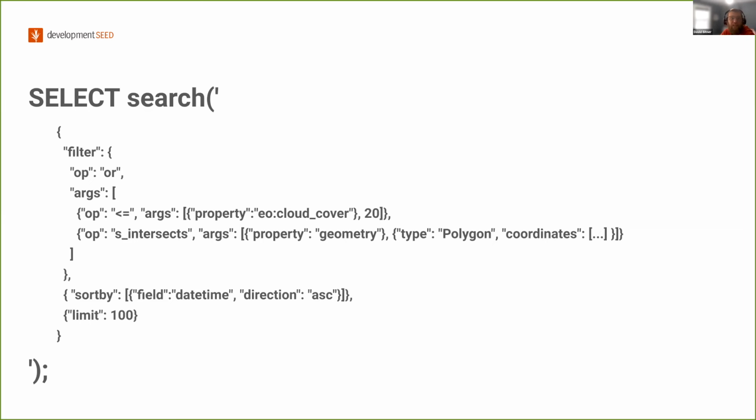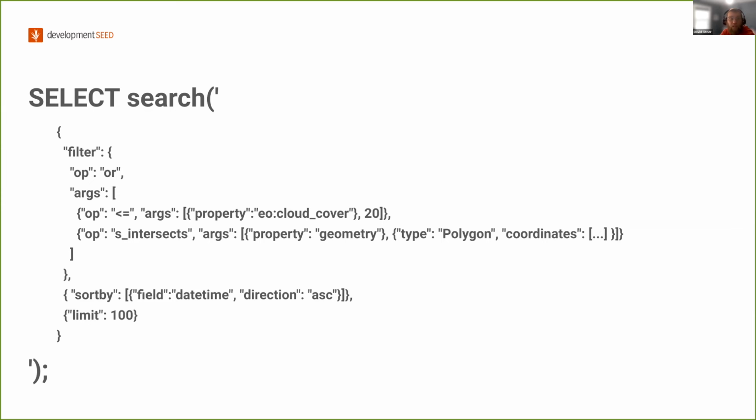So this particular query would find everything that has either less than 20% cloud cover or that intersects a particular geometry. CQL2 has spatial operators, temporal operators, and array operators, to make as simple or as complex a search as you want.